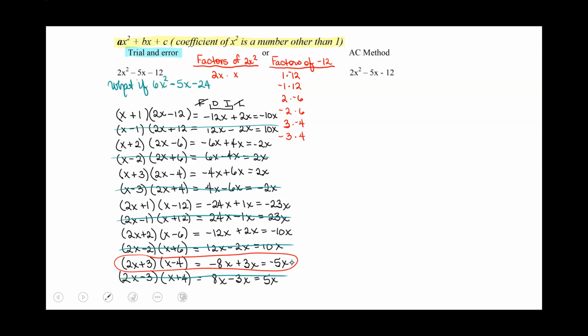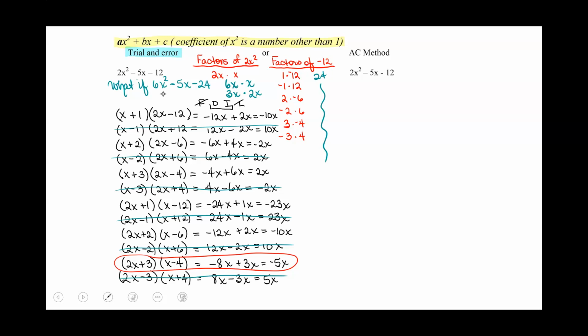And then what do you do when they give you a problem like 6x squared minus 5x minus 24? Because the factors for 6x squared, it could be 1x times 6x, or it could be 2x times 3x, or it could be 3x times 2x, or I mean, you can turn that around in a bunch of different ways. And then 24?